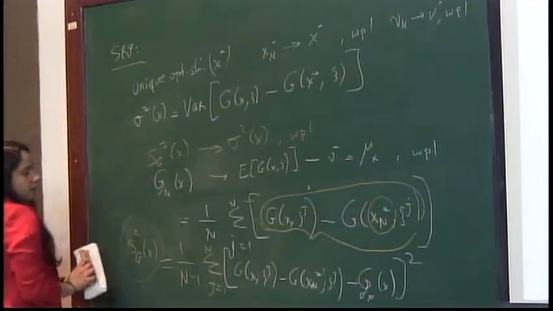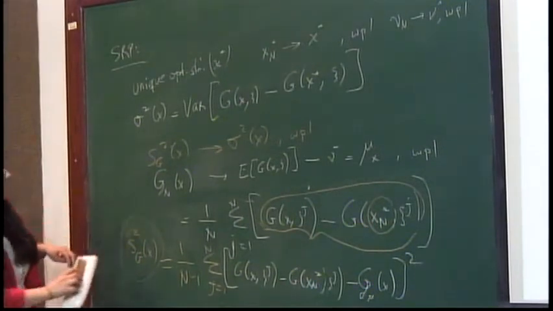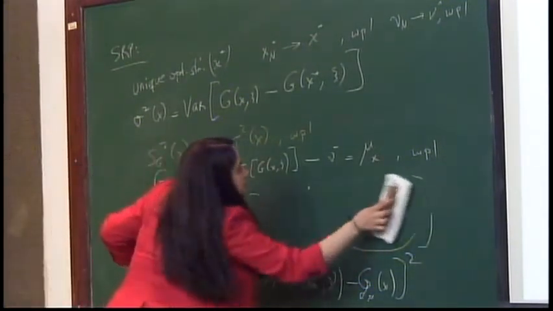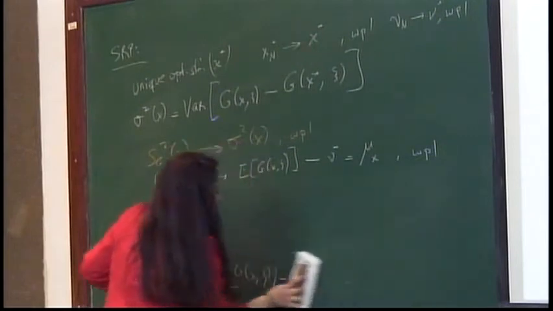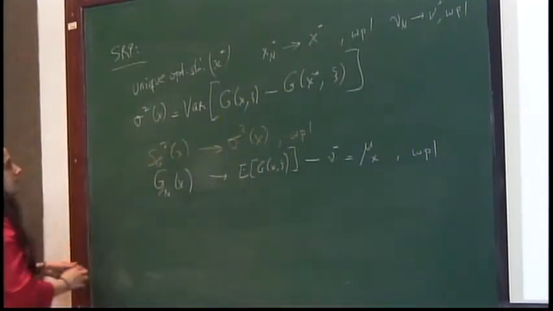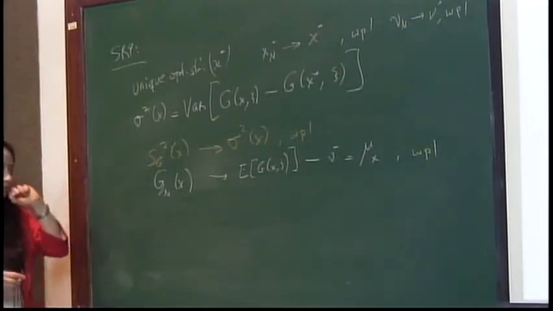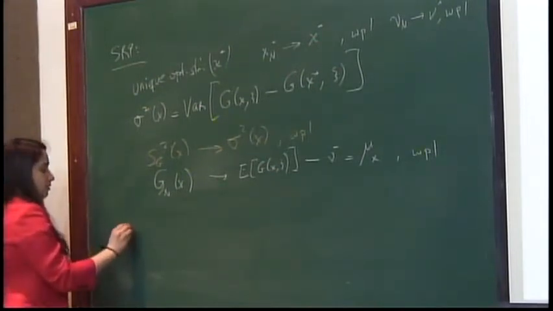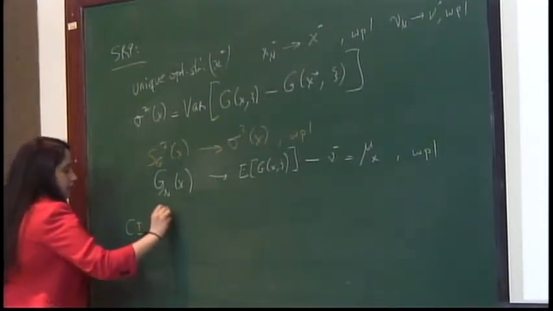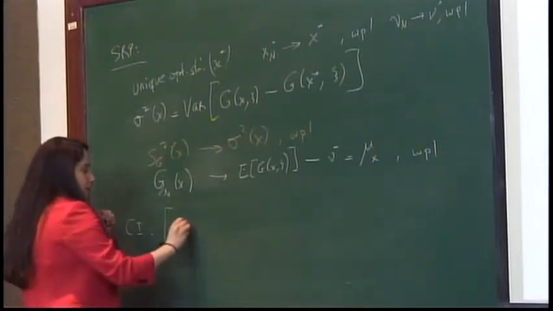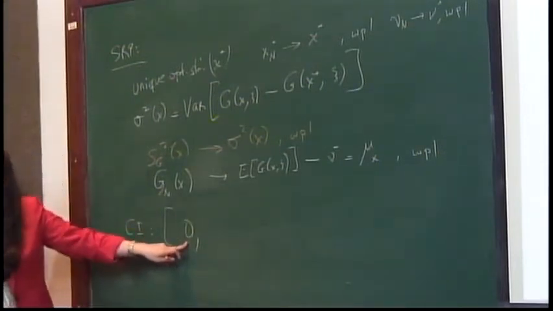So it's possible to show this. My point estimator is just one single gap estimator. My confidence interval estimator is given by this. 0, because it's one-sided, it can never get below 0.